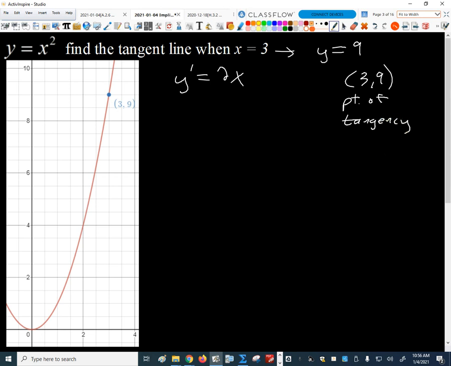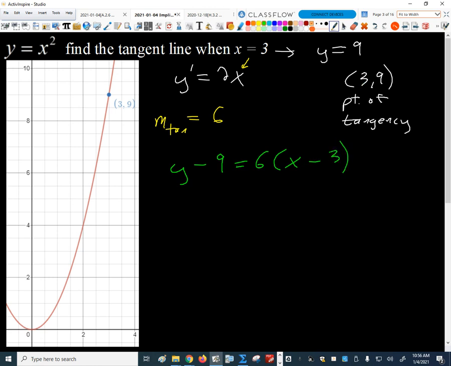If you plug x equals 3 into y prime, then you get the slope of the line. Okay, good. So the slope of the tangent line would be 6. And now I've got everything I need, right? I've got a slope, I've got a point. All I've got to do is just use the point-slope form. So y minus 9 equals m, which is 6, times the quantity x minus 3, and I'm done.